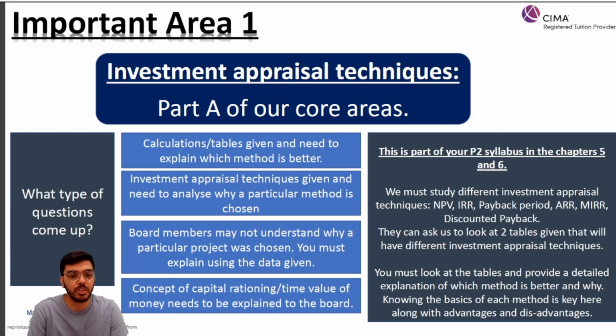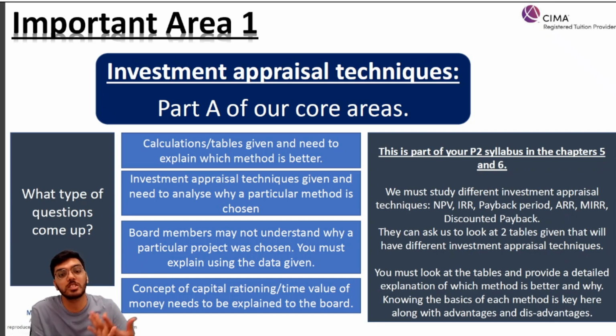Also, the concept of capital rationing, the time value of money, may be asked to be explained to the board of directors. There is a complete discussion or a scenario given where the time value of money or capital rationing or the prospects of time value are asked.